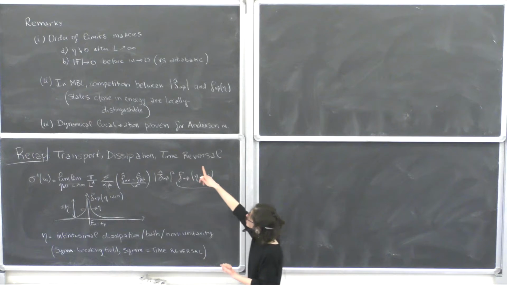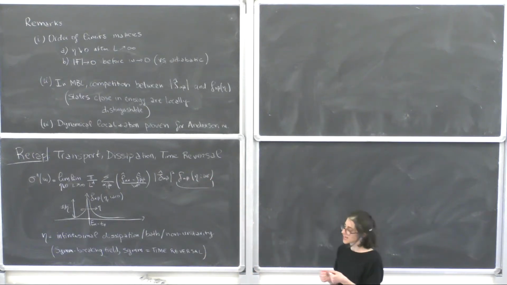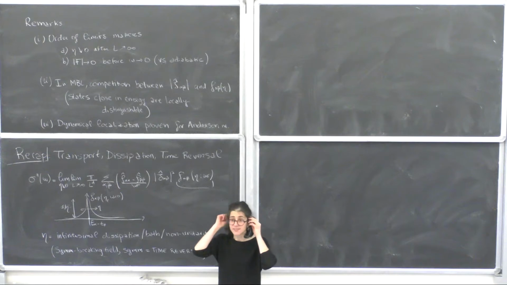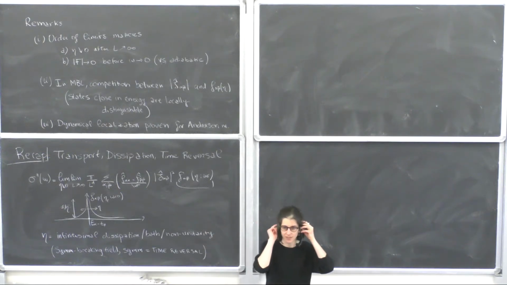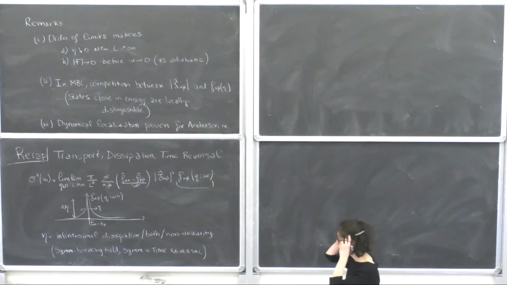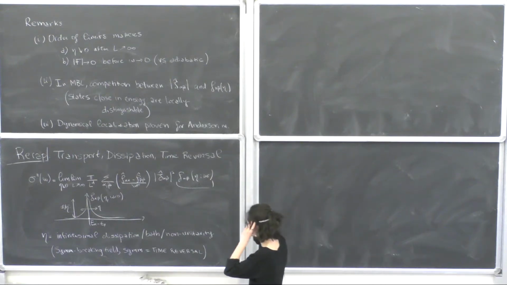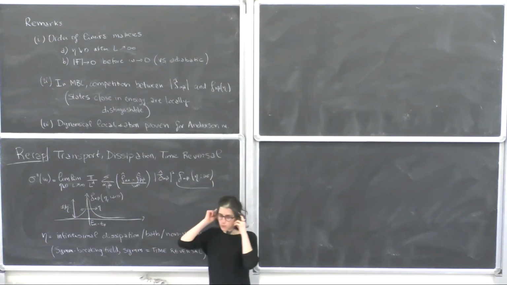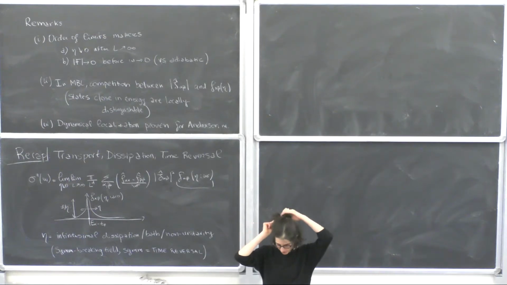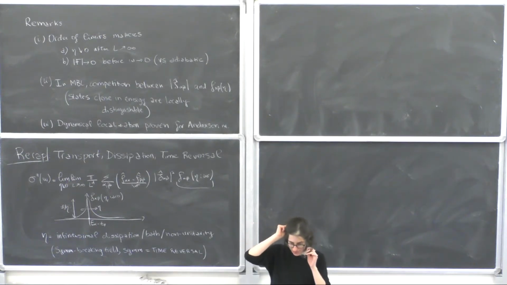And this corresponds to the fact that eigenstates which are very close in energy, if you look at them locally, are actually pretty different. So they are locally distinguishable from each other if you probe them with local operators. And this will be connected to the discussion on the Eigenstate Thermalization Hypothesis that I will introduce in a minute.